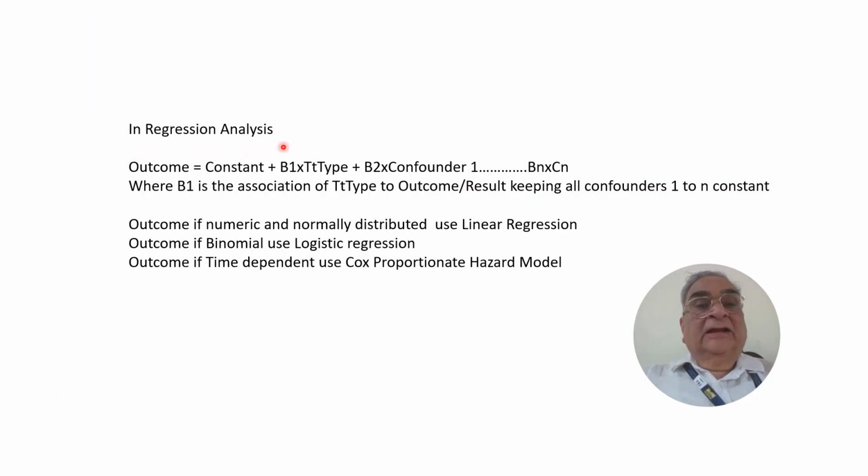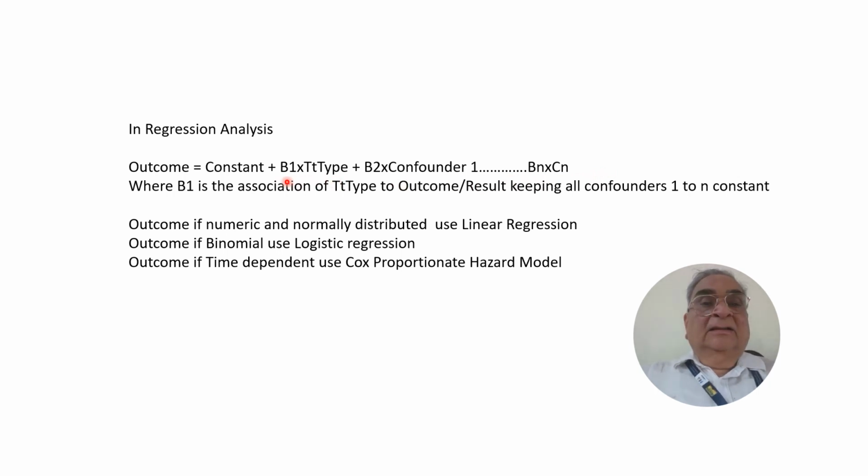So in regression analysis, here is your good or bad outcome. It is equal to, so this is the determined variable, and these are the various determinants. So there will be some constant number which these variables have been unable to explain, plus beta 1 into treatment type, plus beta 2 into confounder 1, and 2, 3, 4, 5, 6, right up to beta n into confounder n.